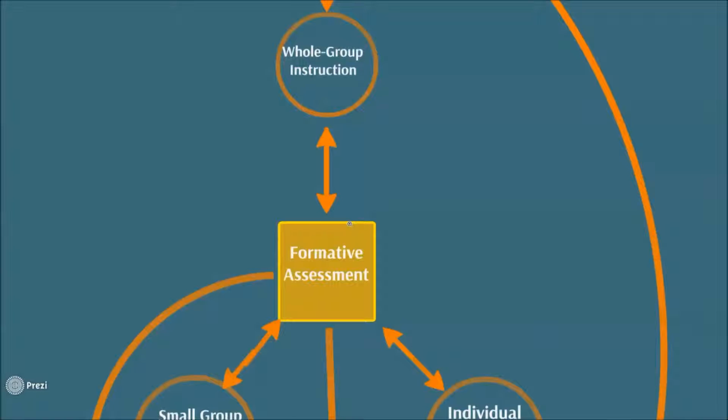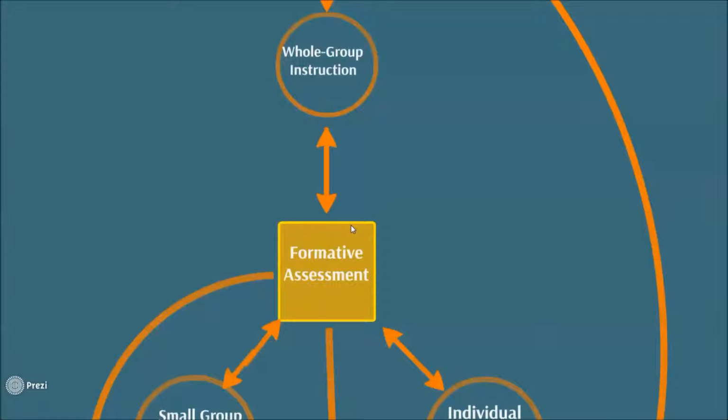Some formative assessments that I might use are a ticket out the door where they have to perform a problem and hand it to me. I do homework as a formative assessment, and then I check the homework to see how well the students learned it. I do a lot of in-class formative assessment, like maybe thumbs up or show me on your fingers, 1 through 5, things like that. So I do a lot of formative assessment in my math class.